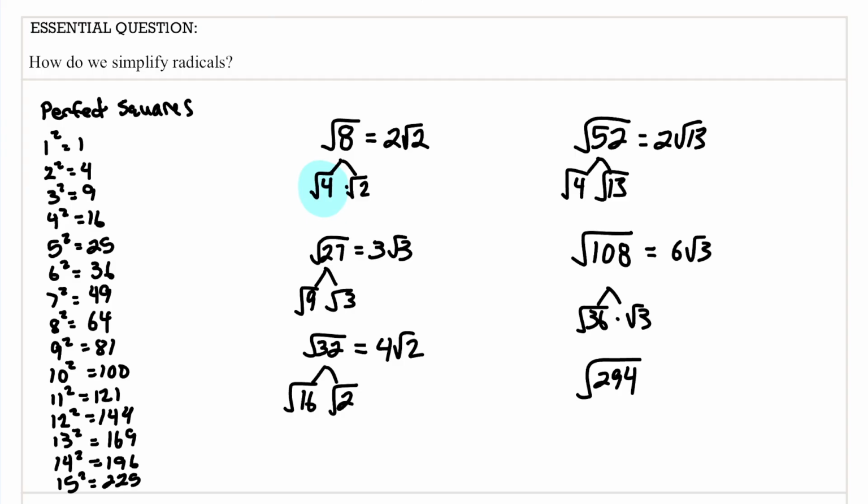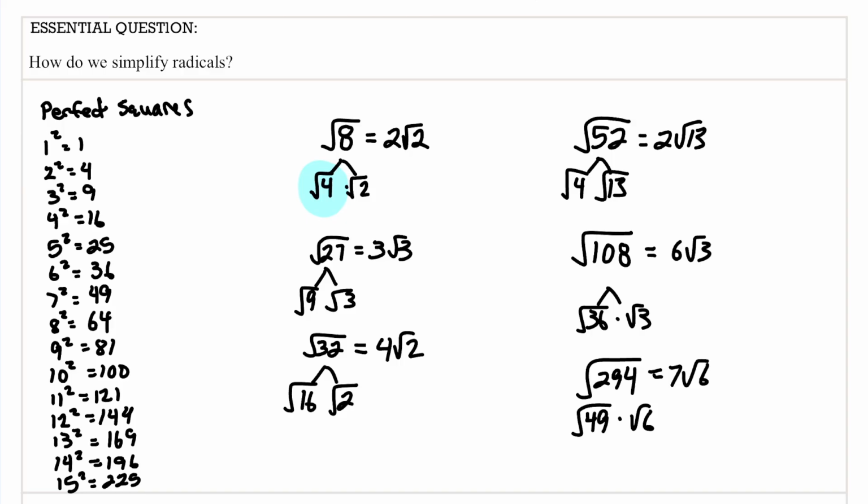So that ends up being radical 49 times radical 6. The square root of 49 is 7. So that ends up being 7 times the square root of 6.